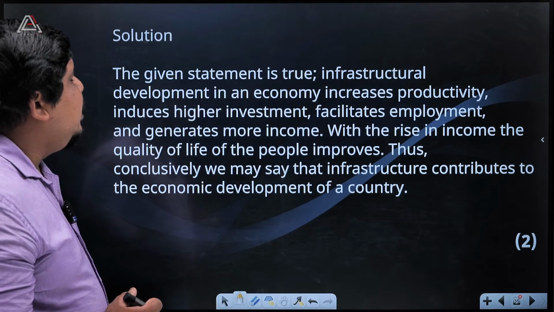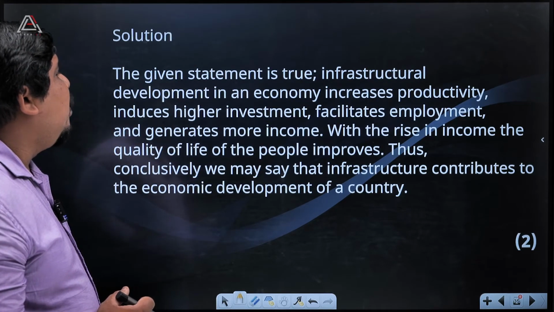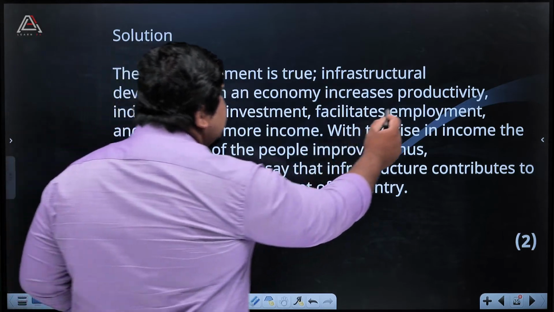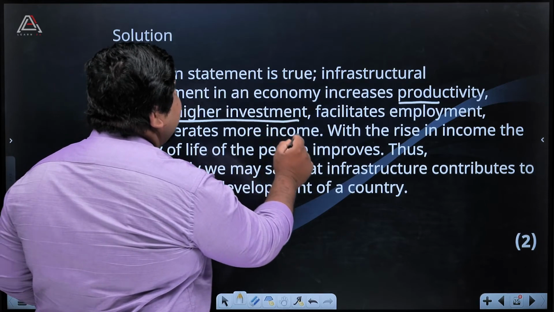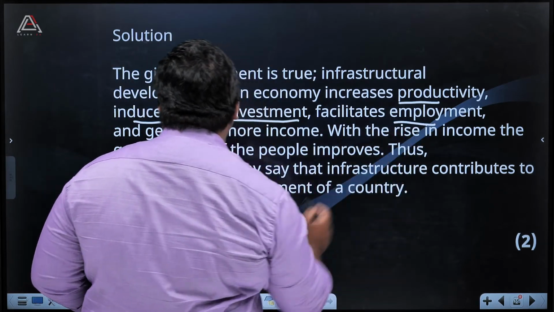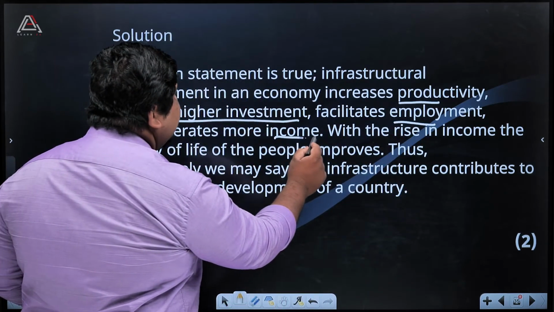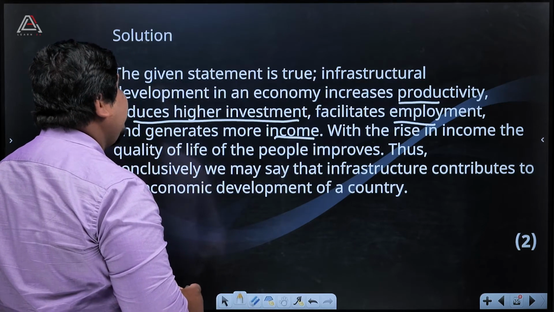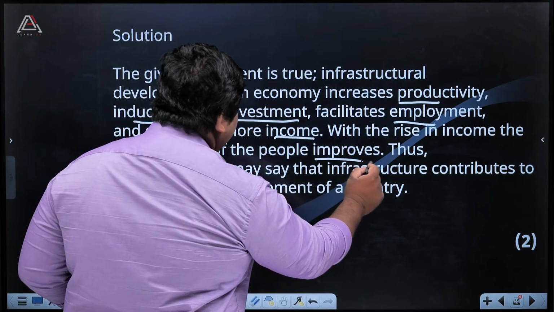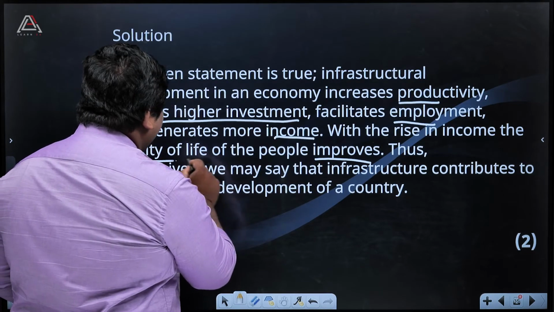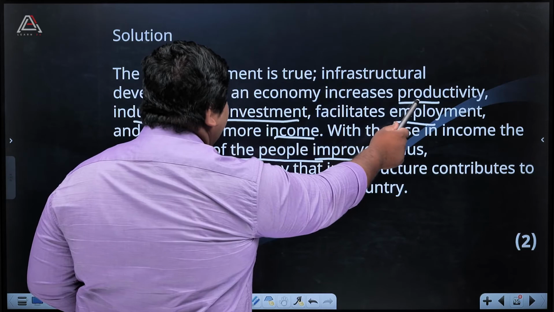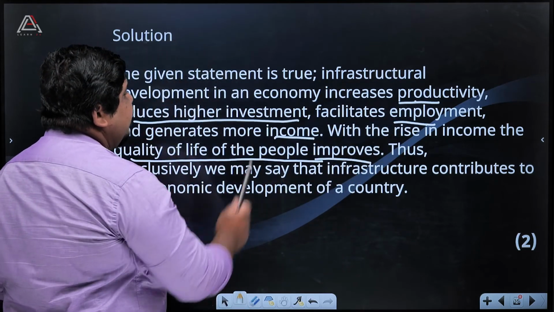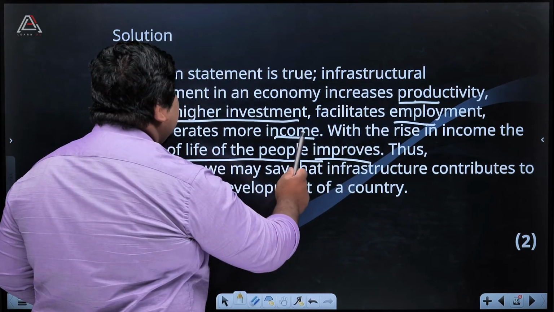Solution. The given statement is true. Infrastructure development in an economy increases productivity, induces higher investment, creates employment opportunities, and generates income. With the rise of income, the quality of life of the people improves. So infrastructure will develop productivity, higher investment, employment and income.